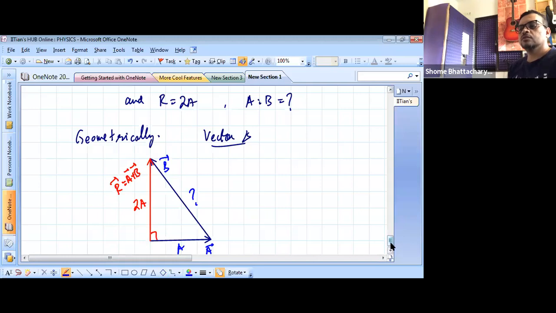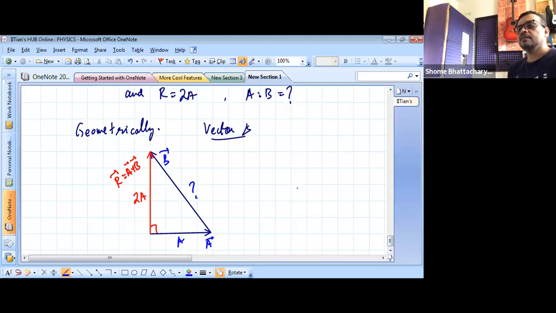Okay. So now you can just see from the right angle triangle, B will be equal to square root of R square plus A square. So B will have a magnitude of square root of this. Okay. So B will be A root 5.